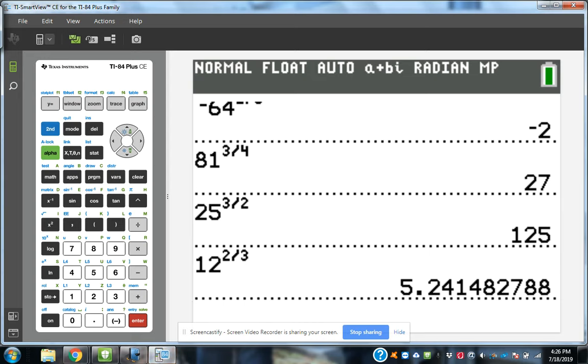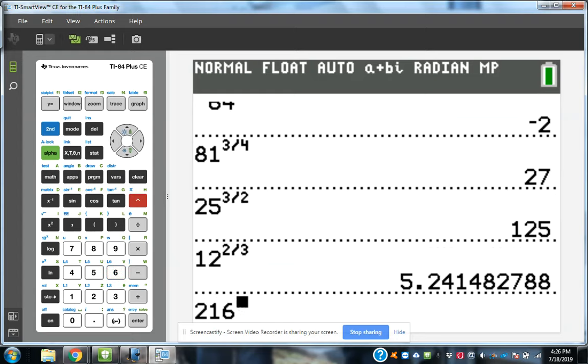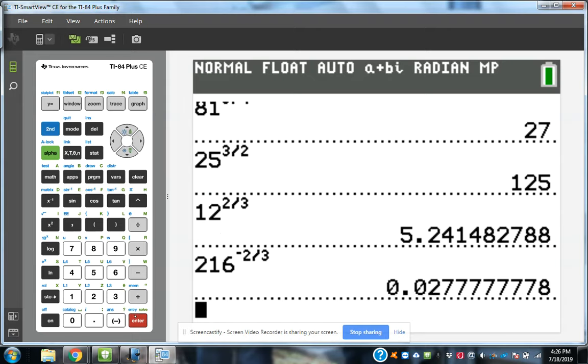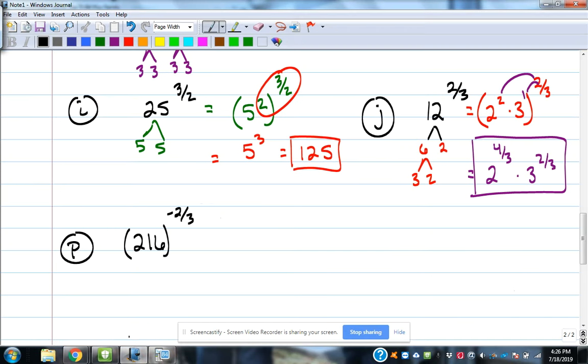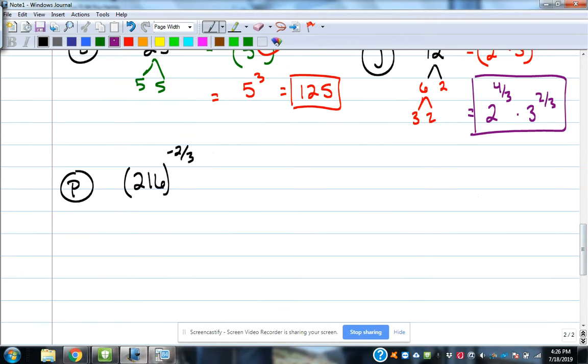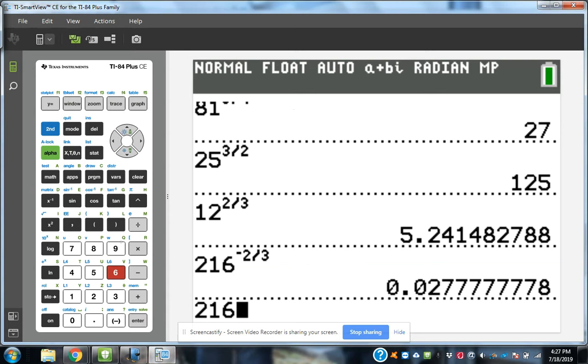I type 216 raised to the negative 2/3, and it gave me back a decimal. So that makes me think, well, maybe something's not quite right here. But we got to keep in mind that it's a negative exponent, and so that may have something to do with that fraction.